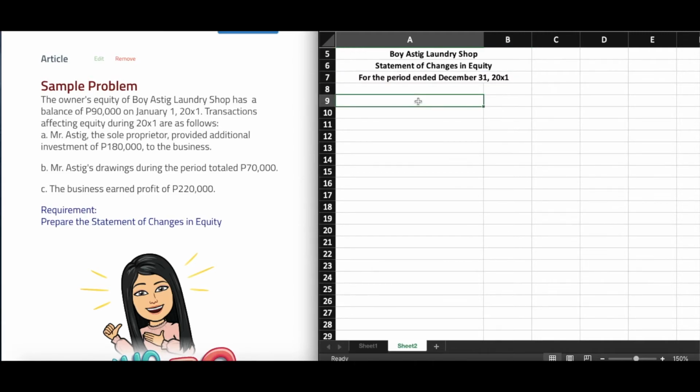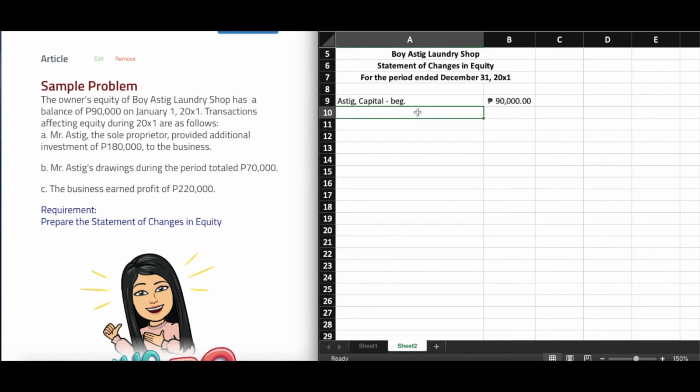Okay, just like the pro forma that we wrote a while ago, you need to begin with the beginning balance. So this time, we'll write Astig capital, beginning, which is 90,000.